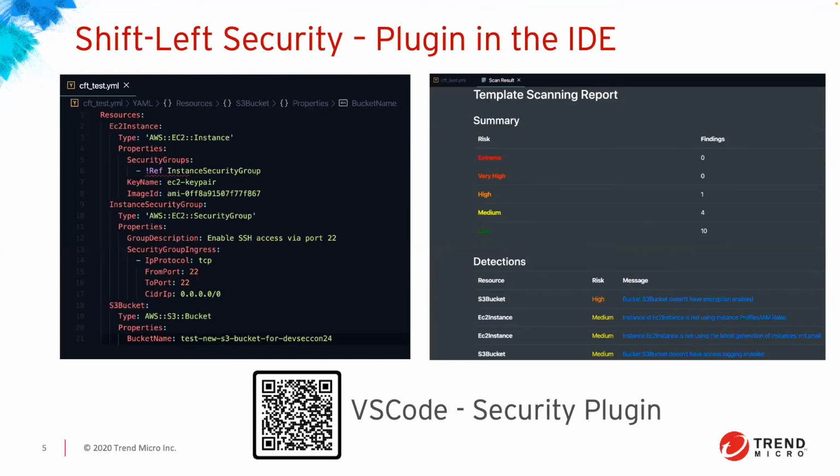Cloud One Conformity has a plugin directly for the IDE that developers use, and today the most used IDE is Visual Studio Code. They can install this plugin directly in the IDE, and as soon as they are building these Terraform and CloudFormation templates, they'll be able to scan how many misconfigurations they would introduce to the cloud account with this template, which is pretty great, because the best way to avoid introducing vulnerabilities to the environment is to catch them before you deploy anything to the environment.